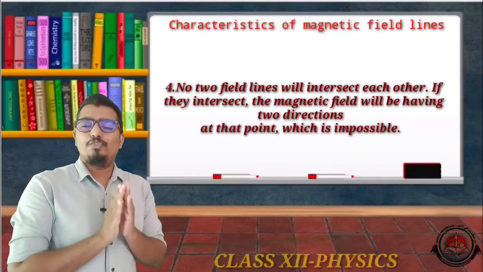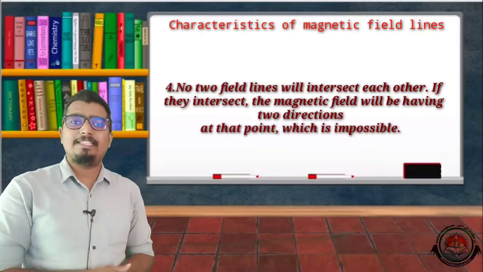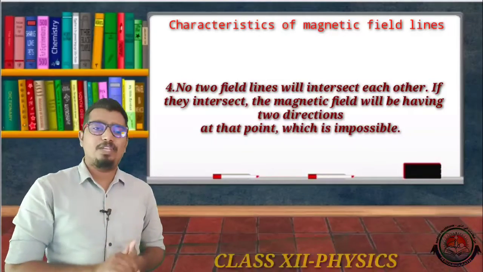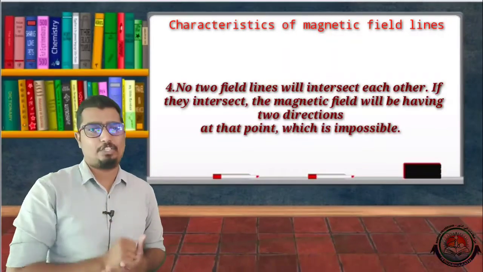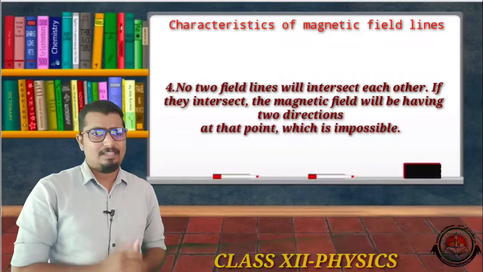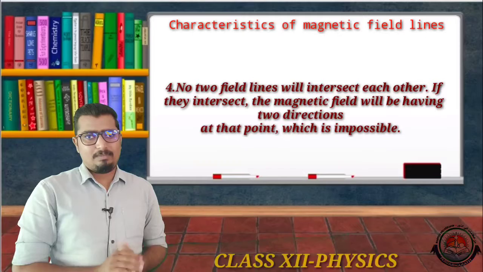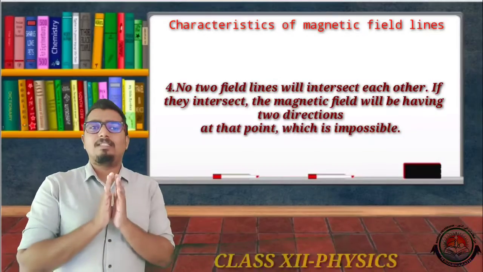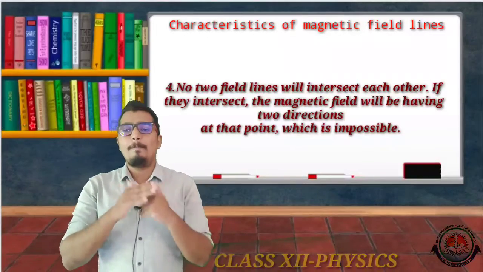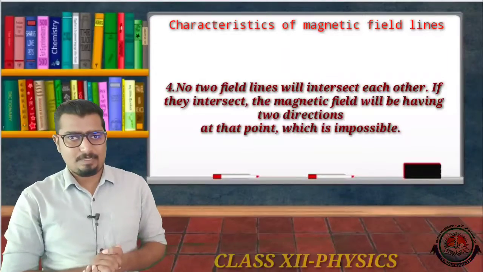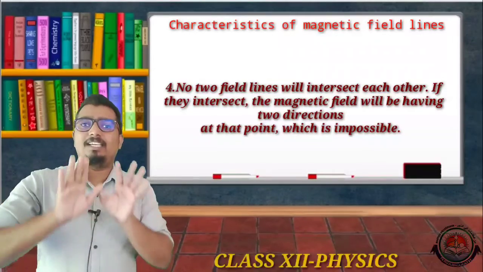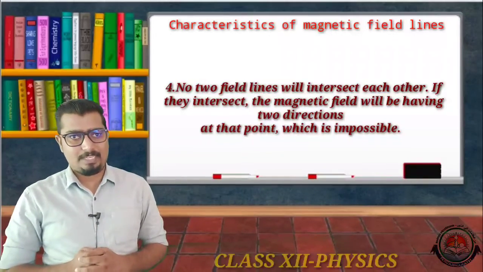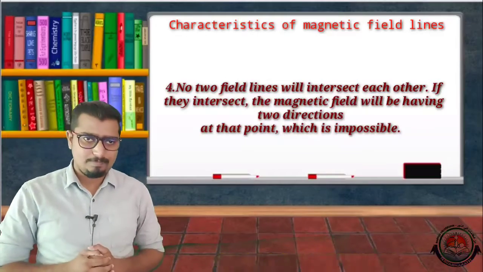If they intersect, the magnetic field will have two directions at that point, which is impossible. So there is no intersection between two magnetic field lines.